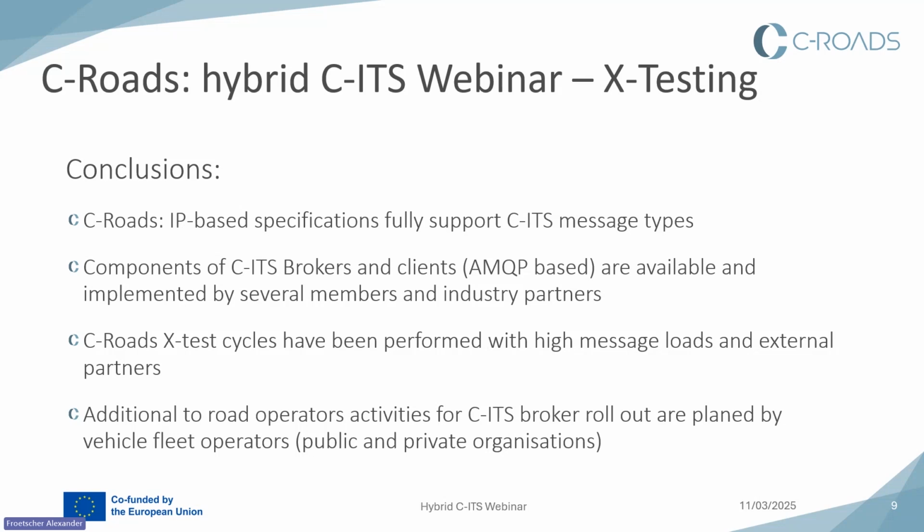So the AMQP-based elements, brokers and clients, are available and implemented by several member states in Europe, but also by industry partners. And the C-Roads cross tests have been performed with high message loads and external partners, and they have confirmed that these messages can also be fully analyzed in detail and can be used to cross-check functionalities.